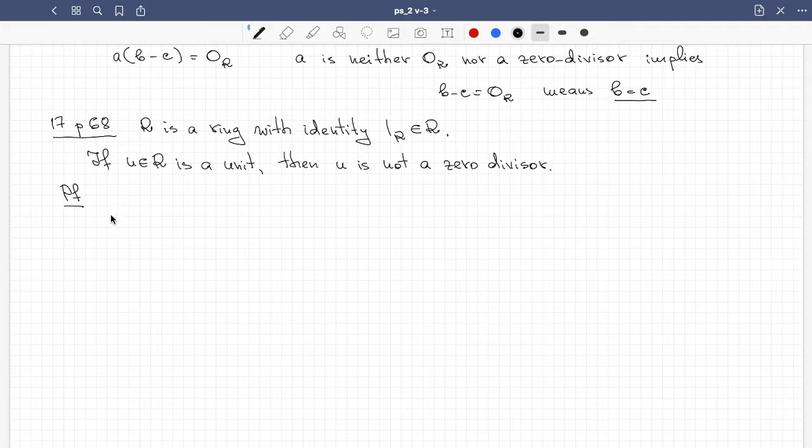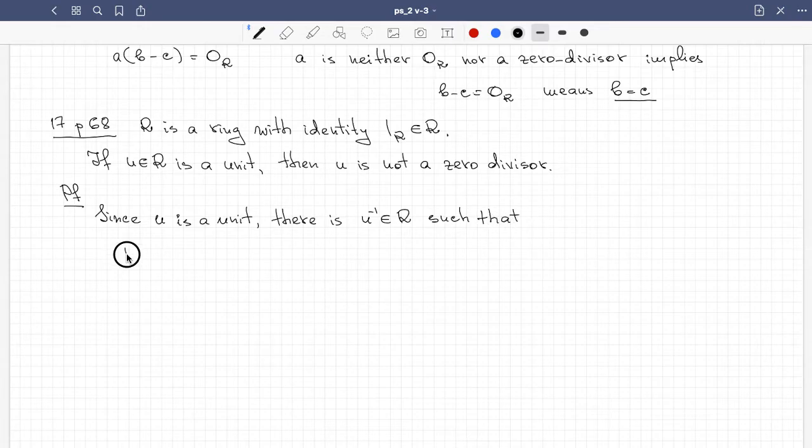That is the definition of a unit: there is an element U inverse of R such that U inverse U equals U U inverse, which is 1 in R, the identity in the ring.